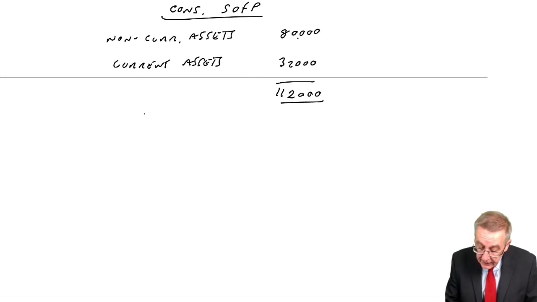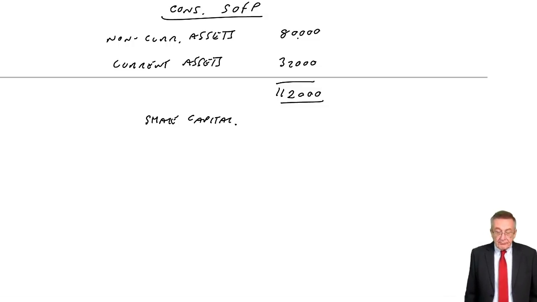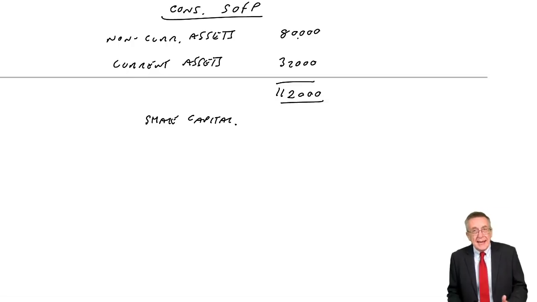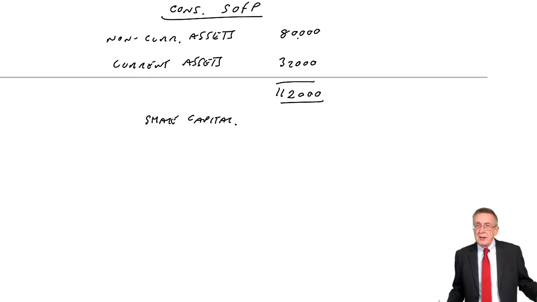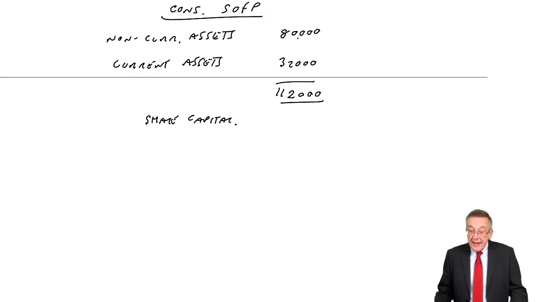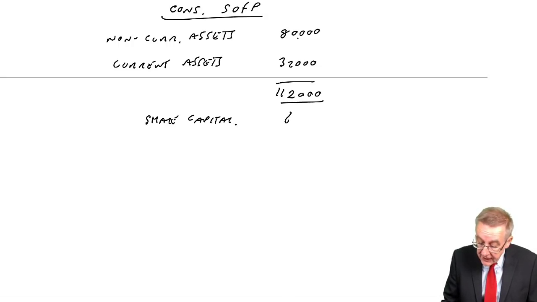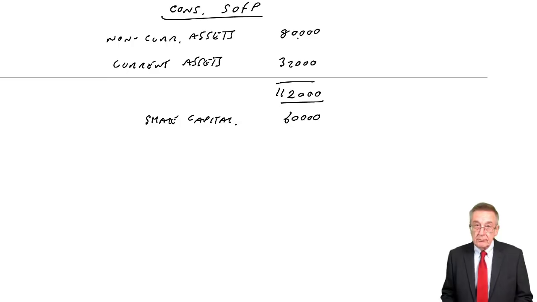Carry on down. Share capital. Well, again, like before, it's the shareholders in P who effectively own everything. The shareholders in P own P, obviously, and P owns S. And so it's the shareholders in P, the parent company, it's their share capital that we bring in.